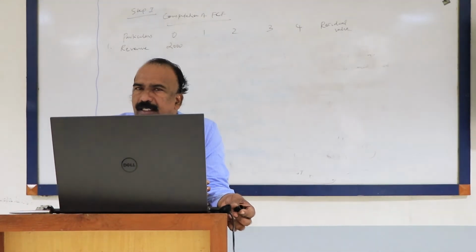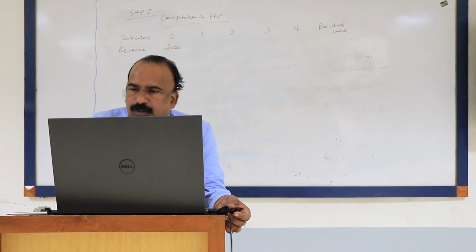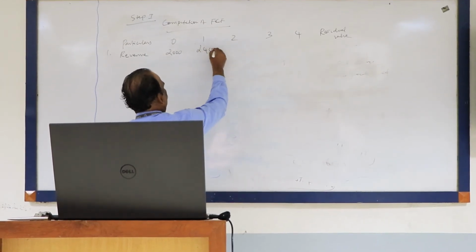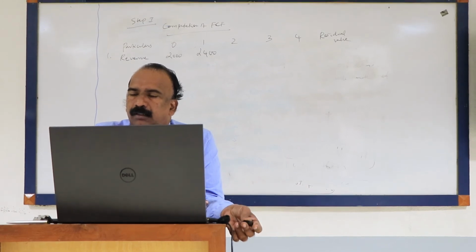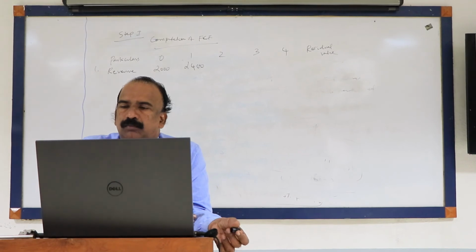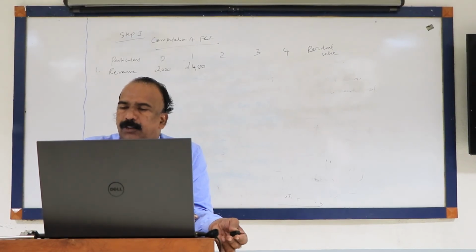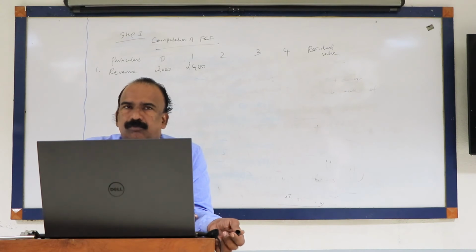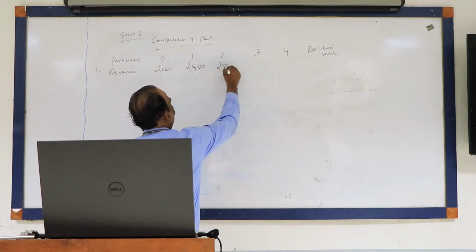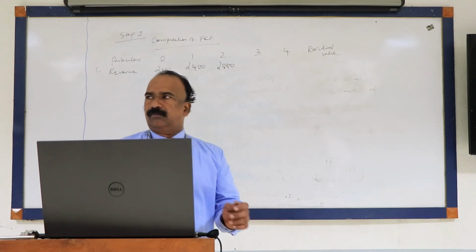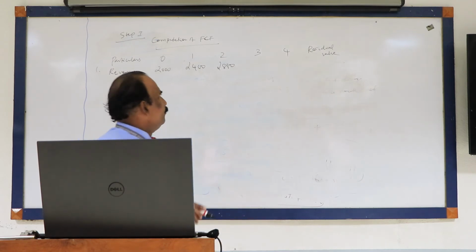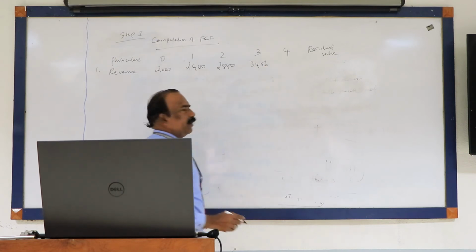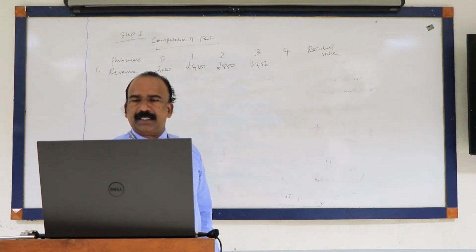It is increased by 20%, so 2000 plus 20% is 2400. Then again increased by 20%. Second year, 2400 plus 20% comes to 2880. Then 2880 plus 20% for the third year, and then the fourth year is calculated the same way at 20%.